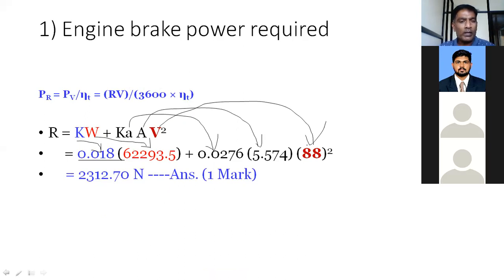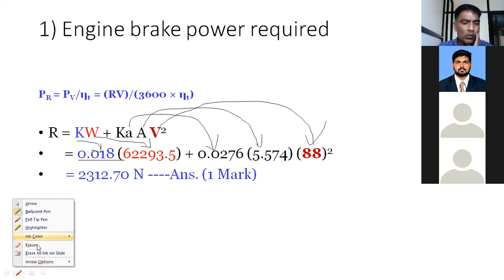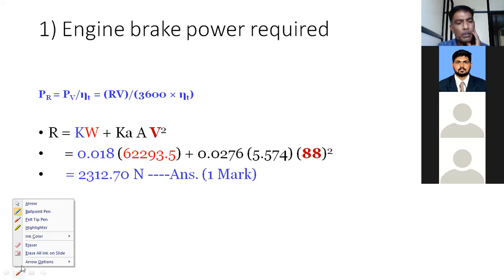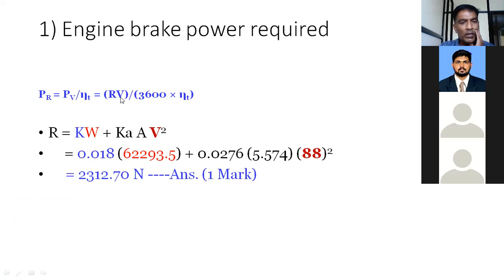Now what is next? You are going to calculate this PR. How to go for that? Now what is remaining? You can check here. V is given, only this transmission efficiency, and that is also given. What is the value for transmission efficiency, Sachin? 90%, sir. Top gear. Okay.